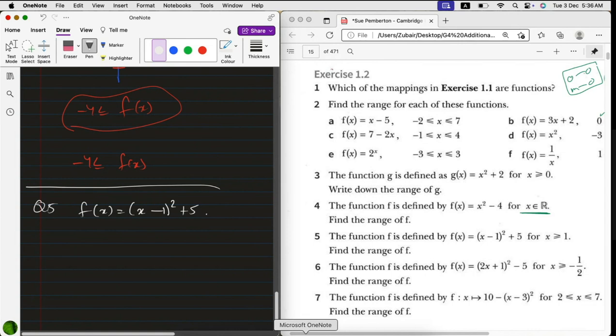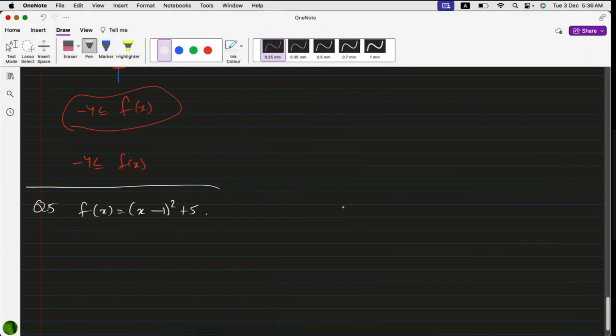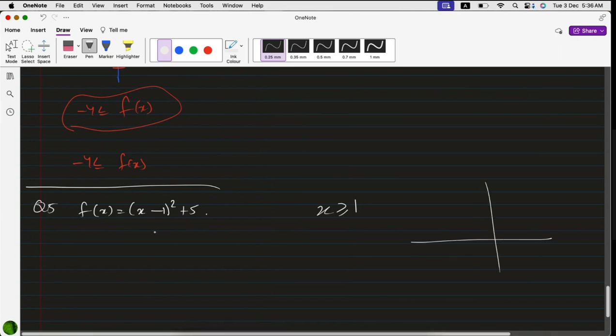So we first start by making x 0, right? No, we would look at the given domain because the range would differ according to the domain. And the domain in this case is x is greater than or equal to 1. If I would just sketch, I can see the turning point is x 1 and y 5. So x 1, y 5, this is the turning point, and I can see it is a smiley face.